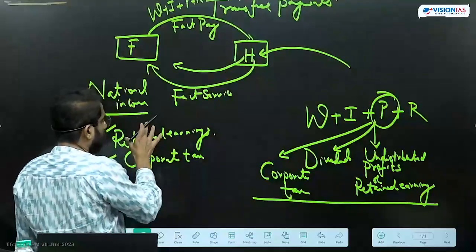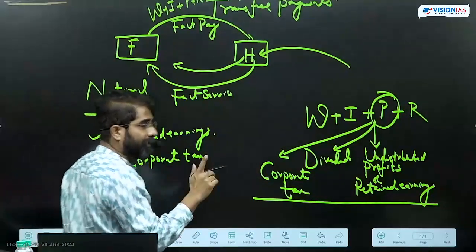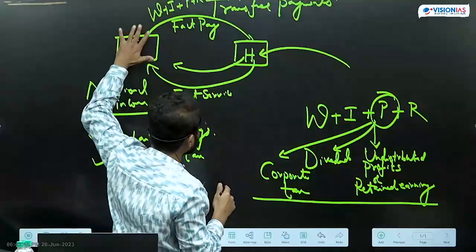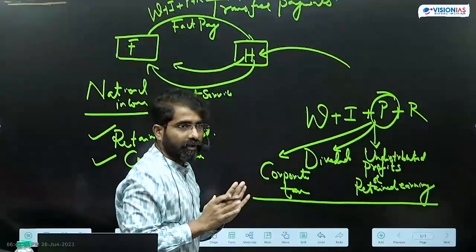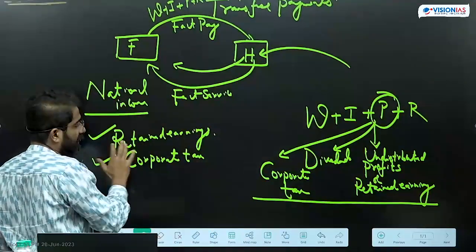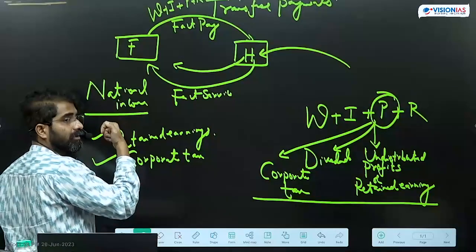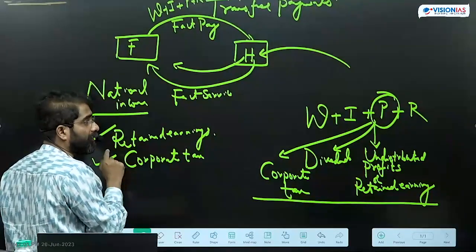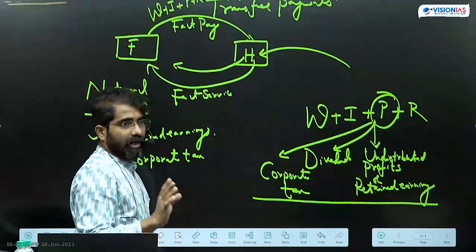So is this clear? Transfer payment is not part of the national income, but transfer payment is part of the personal income. But retained earnings and corporate taxes are part of the profit. That means they are part of the national income, but they are not part of the personal income because they are not getting distributed. I hope it is clear till there.